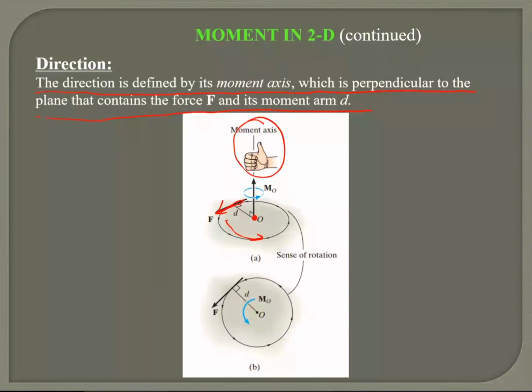If the force was being applied in this direction, and that's the distance d, then you curl your fingers in the direction of the force, and the moment would be in this direction, and it will be clockwise. So sense of rotation, you need to understand this. You visualize in which direction it tends to rotate.